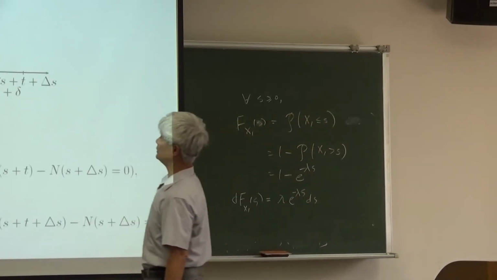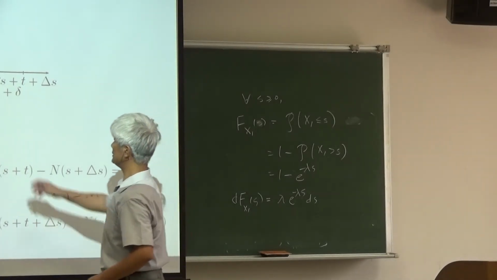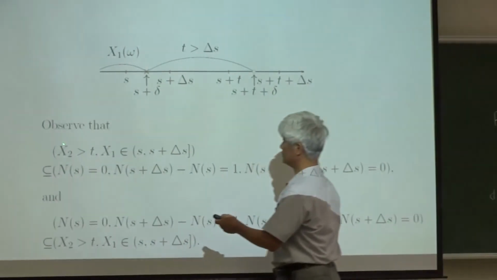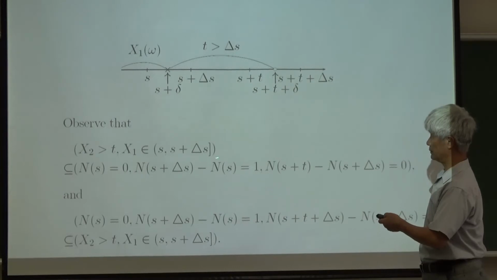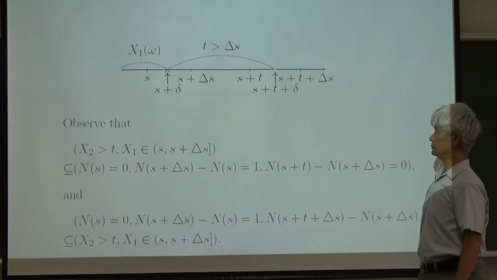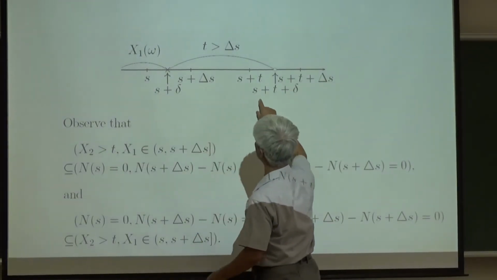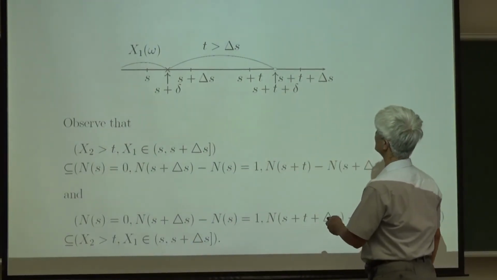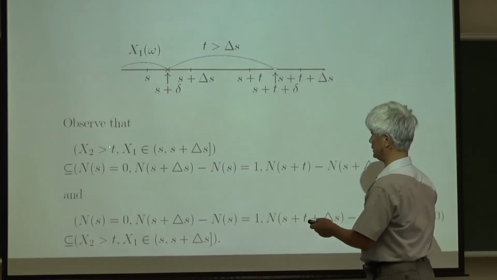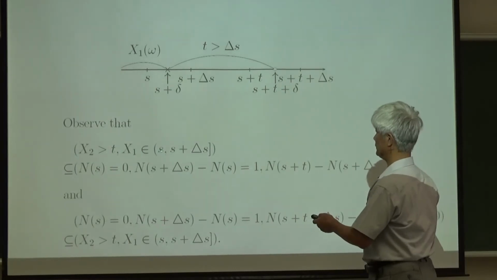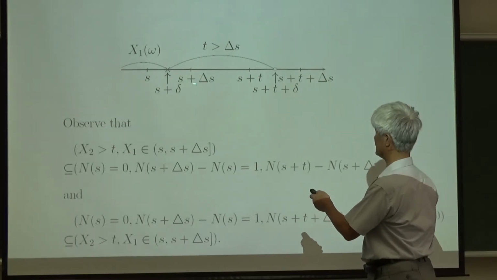Okay. So now we observe that this is our situation. And for S2, now we compute the event that S2 is greater than T, and S1 is in between S, so this is x, and this is x plus delta x.